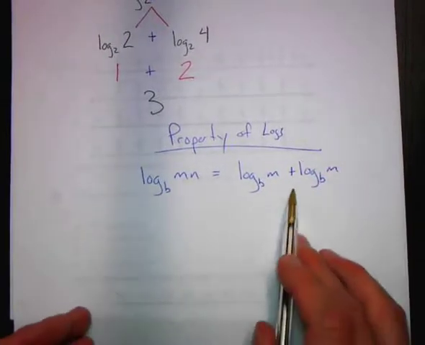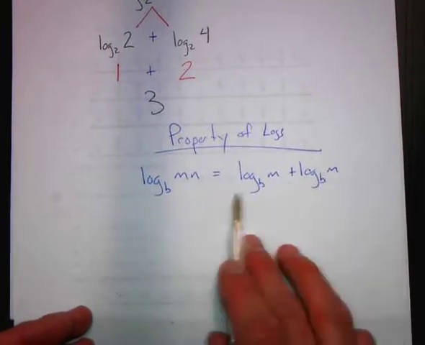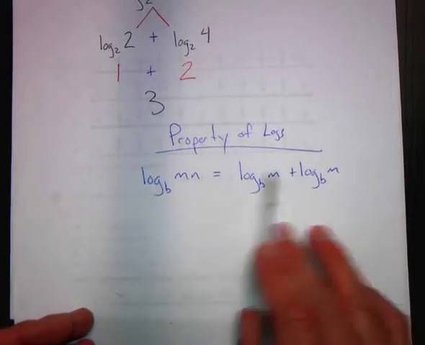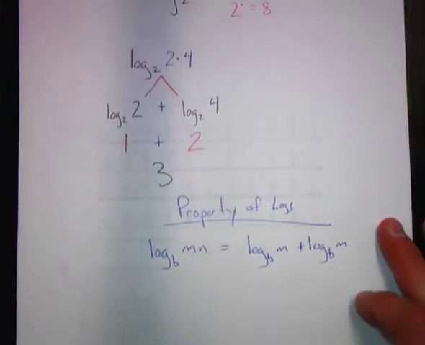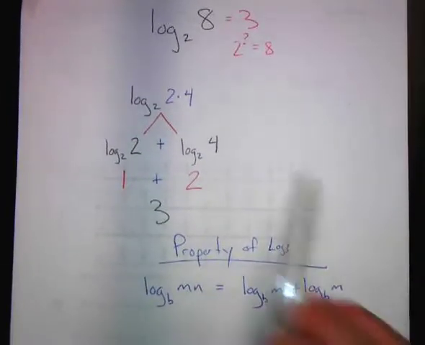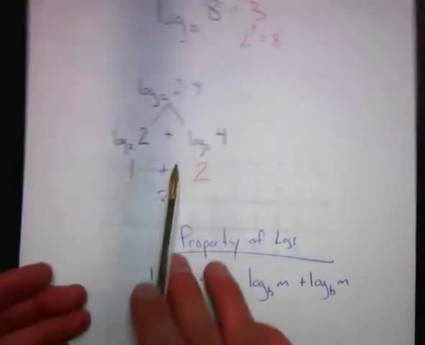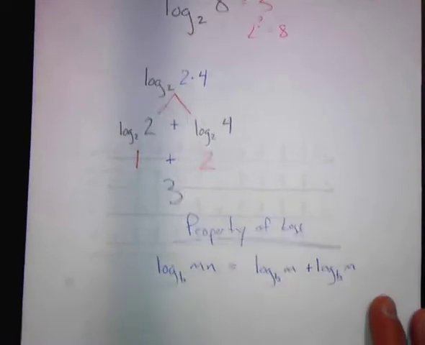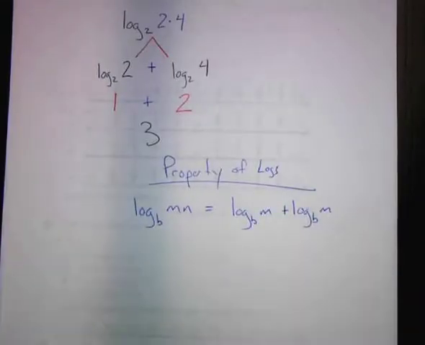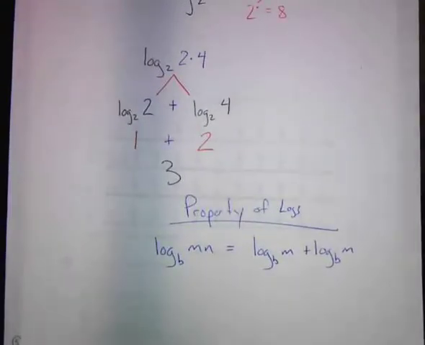The base stays the same throughout, and we can just add those 2, and we'd have the same thing. It's exactly what we just showed here. So if we can express 8 as 2 times 4, we can break it up into 2 logarithms, and then add them, we'd still get the same thing. So it's one of the properties of logs that we can work with.